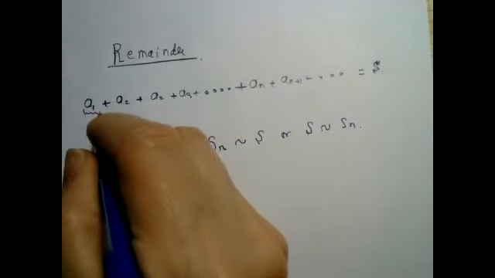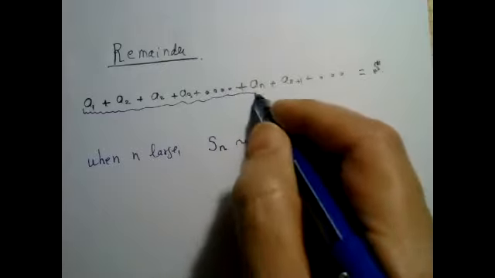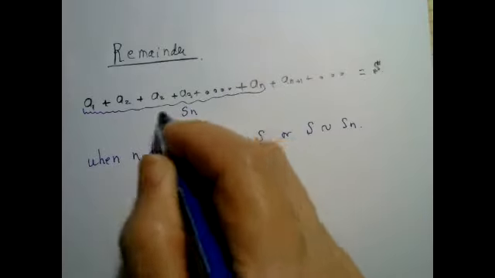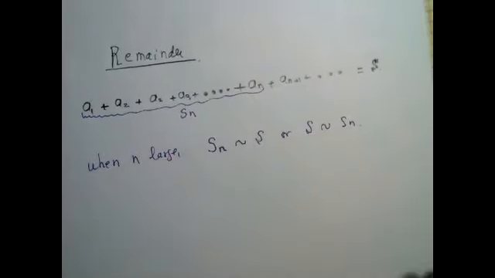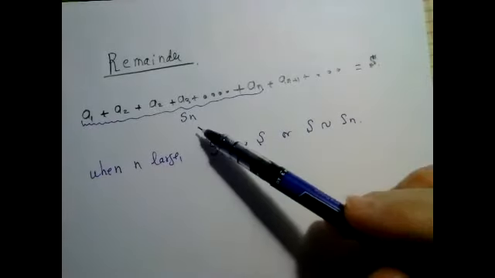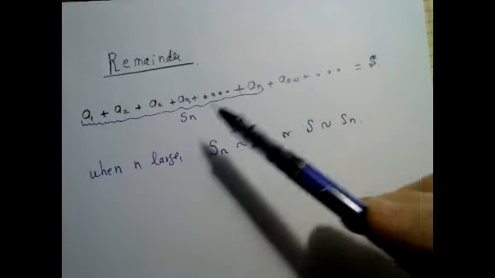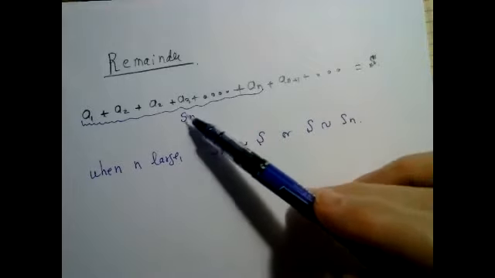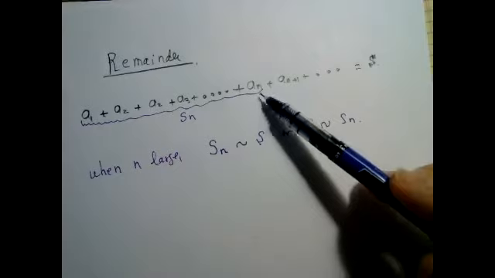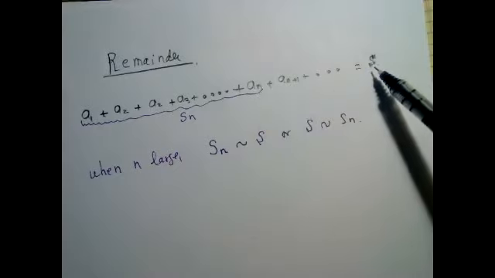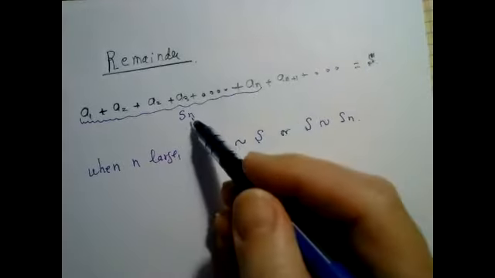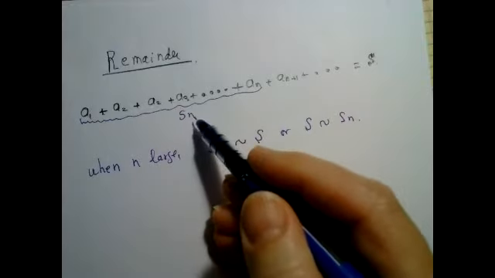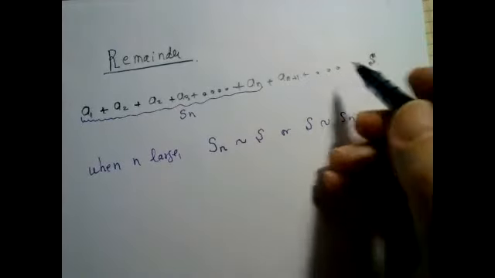But here's the thing. This is my Sn, the partial sum, and when n is large, those Sn are almost S. But definitely the Sn are not equal to S. They are approximating S. And usually the larger the number of terms we add, the closer we get to S. So when we add, let us say, the first 100 numbers, we're not going to get the exact sum.